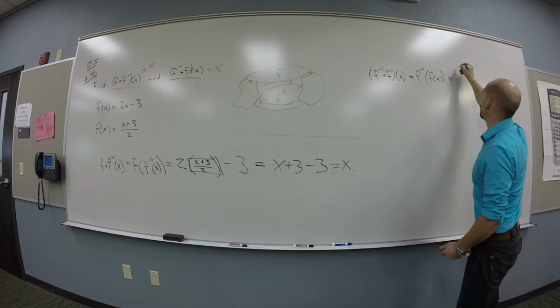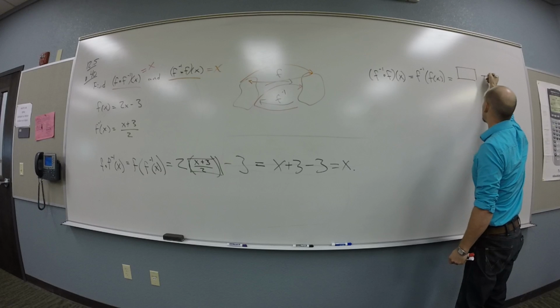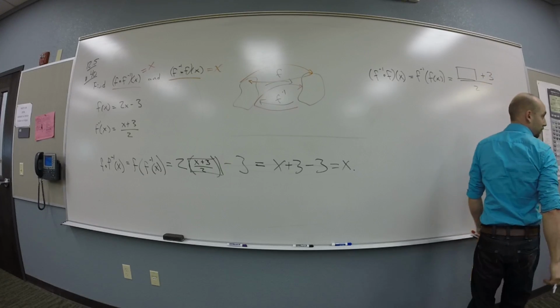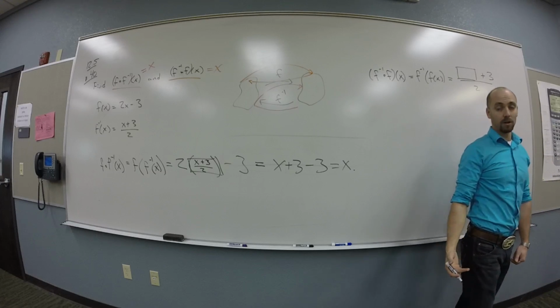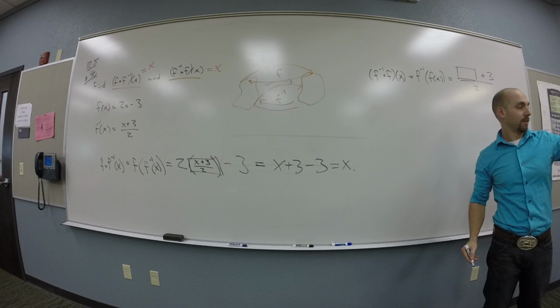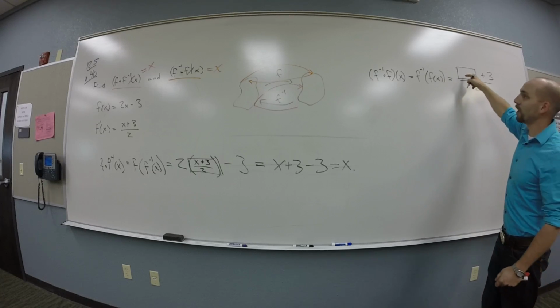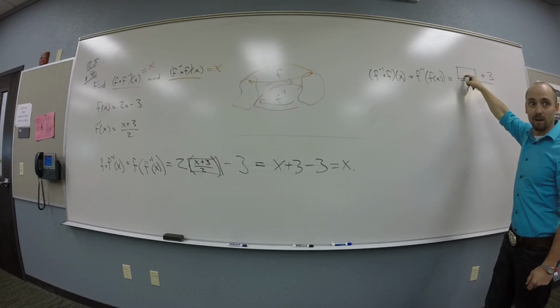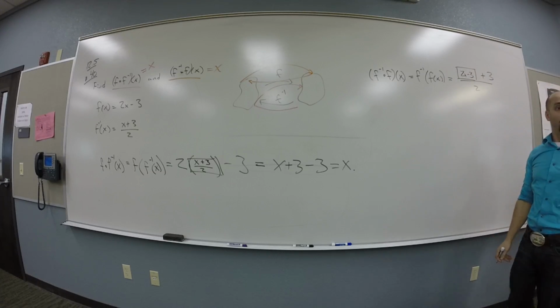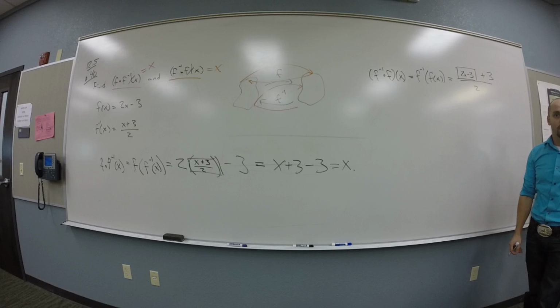Take whatever you're putting in, add 3, and then divide by 2. No, it's going to be 2x minus 3 going in. So I'm putting 2x minus 3 in here. Make sure you think about parentheses around that in that box. But otherwise, that's the only thing here.